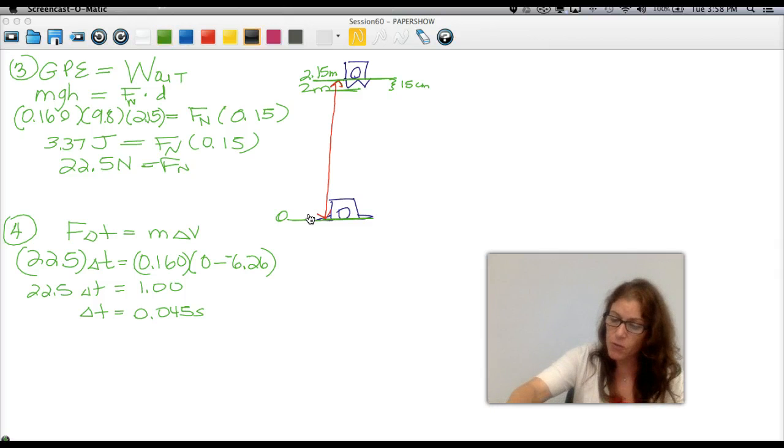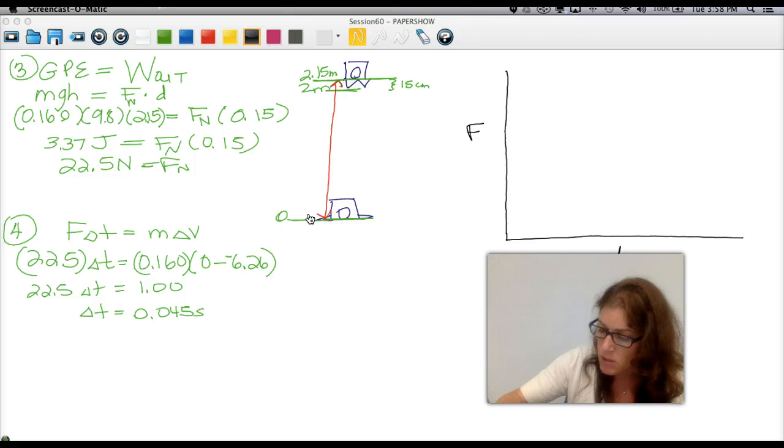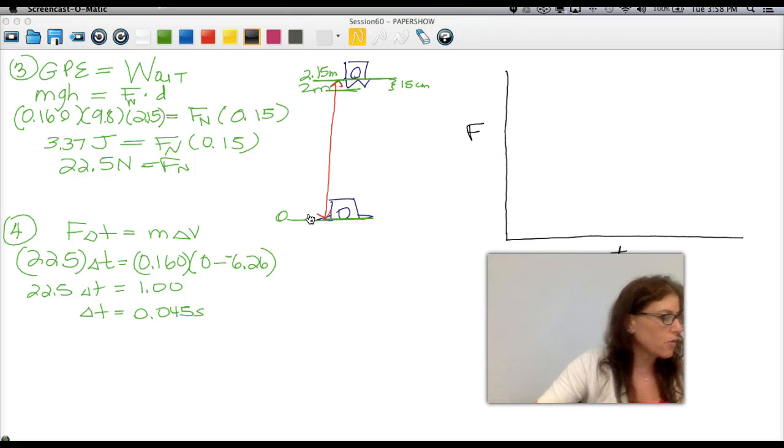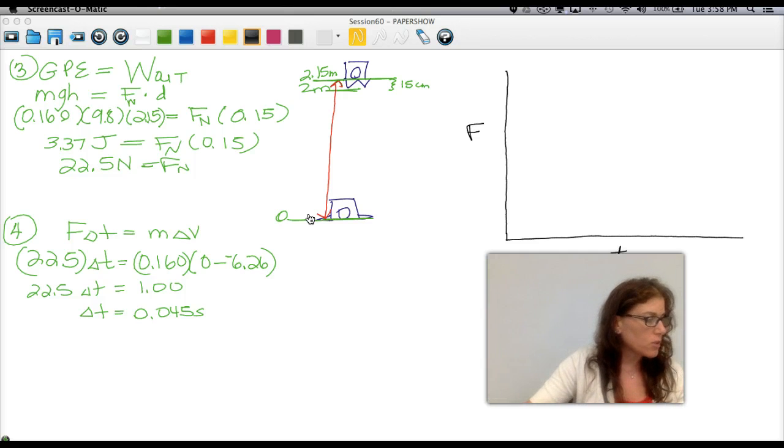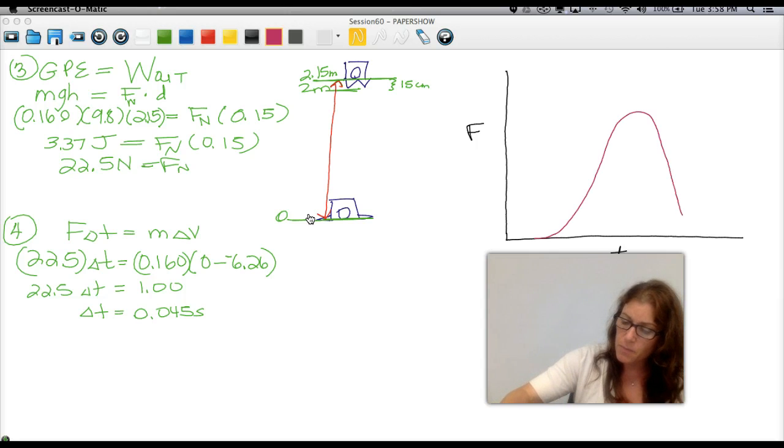Now you're asked to make a force time graph. So let's take some of this information and make a force versus time graph, or it's also called an impulse graph. So there's a couple of things that you need to be able to do. First of all, you need to be able to understand that the general shape should be like this.